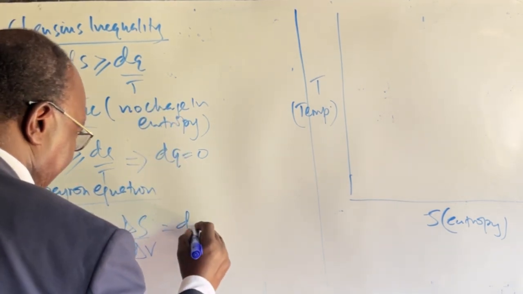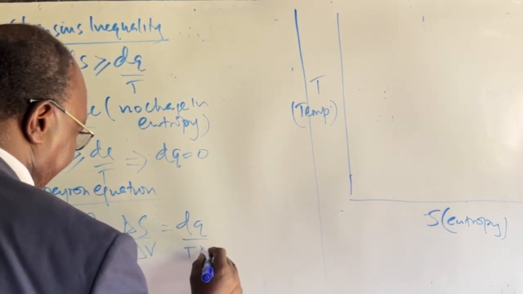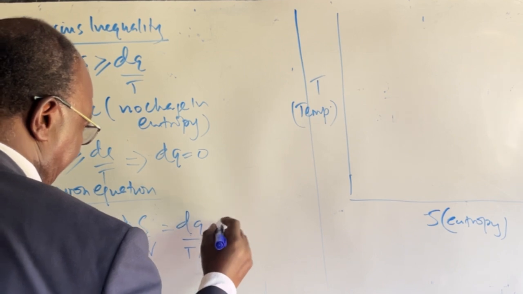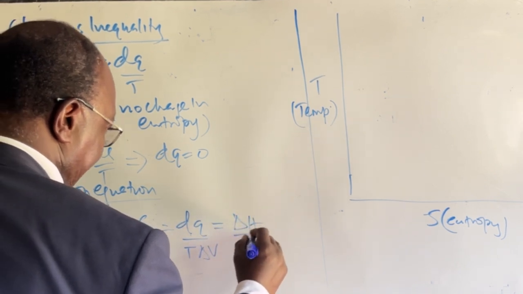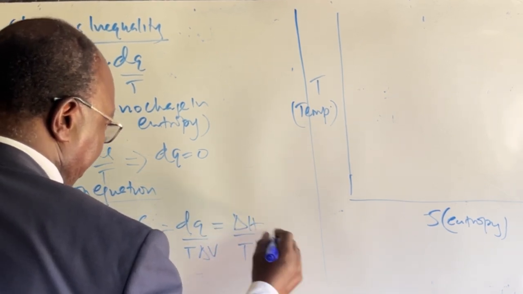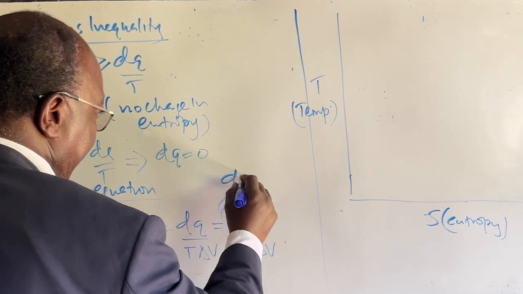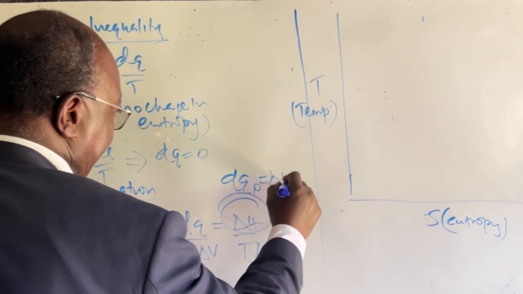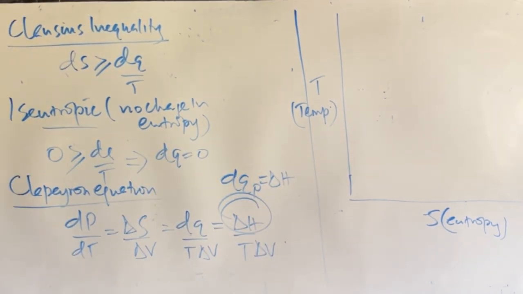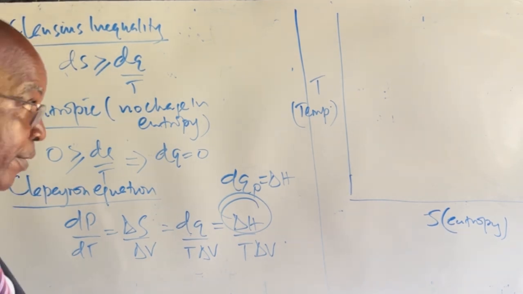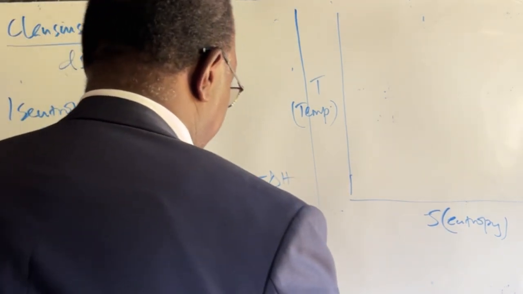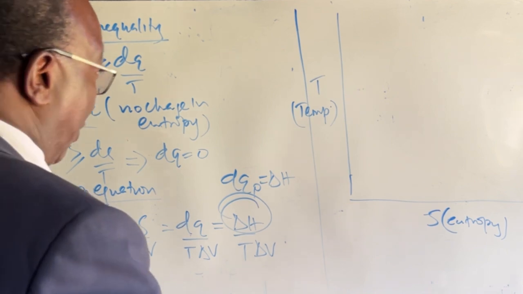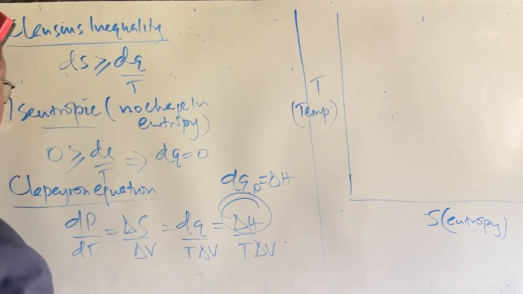So we can have dq/(TΔV), and that can be ΔH/(TΔV) if the pressure is constant, because we have used the fact that dq at constant pressure is ΔH. These two fundamental thermodynamic principles are very important as we progressively move on with the Rankine system and keep on working with them back and forth.